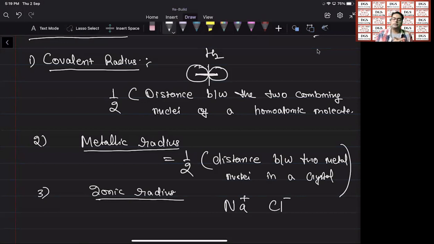Now you may get a confusing idea that sir is talking about the covalent bond, the metallic bond, and now the ionic bond. How can we understand all these terms, because we still have to go through the chapter known as chemical bonding? Yes, I agree, and I will not expect that you will be thorough with all the properties of these bonds.